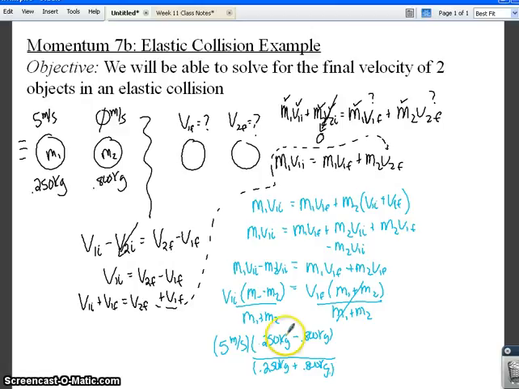So notice here, the kilograms are going to cancel out, leaving me with meters per second, so I get a velocity. Notice that this one's going to be negative. So my velocity, when I calculate this, turns out to be negative 2.62 meters per second.